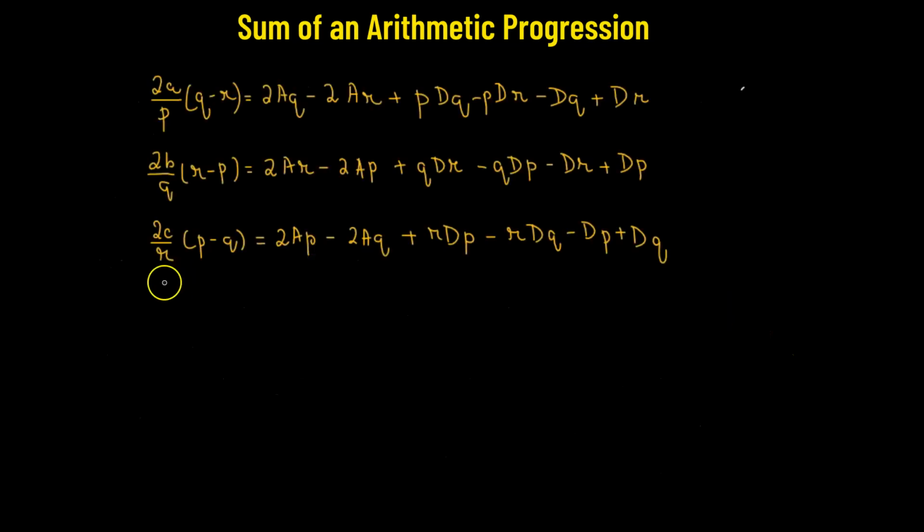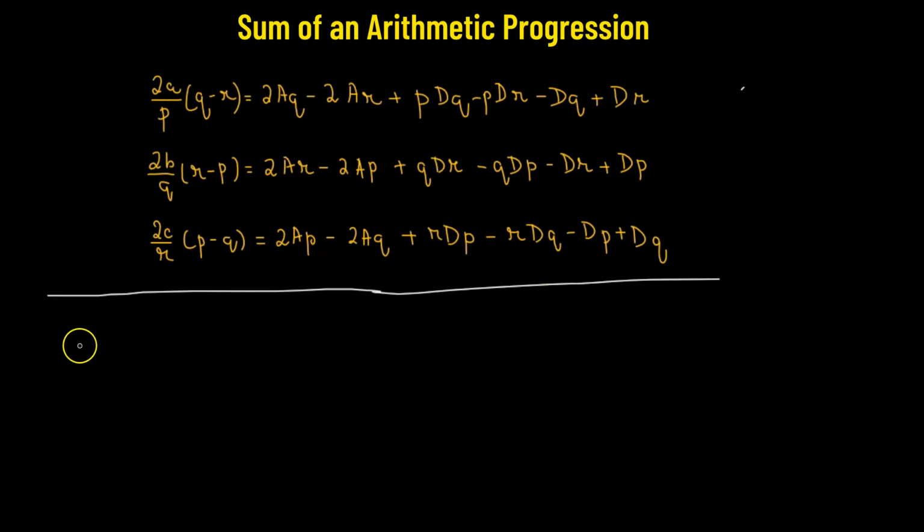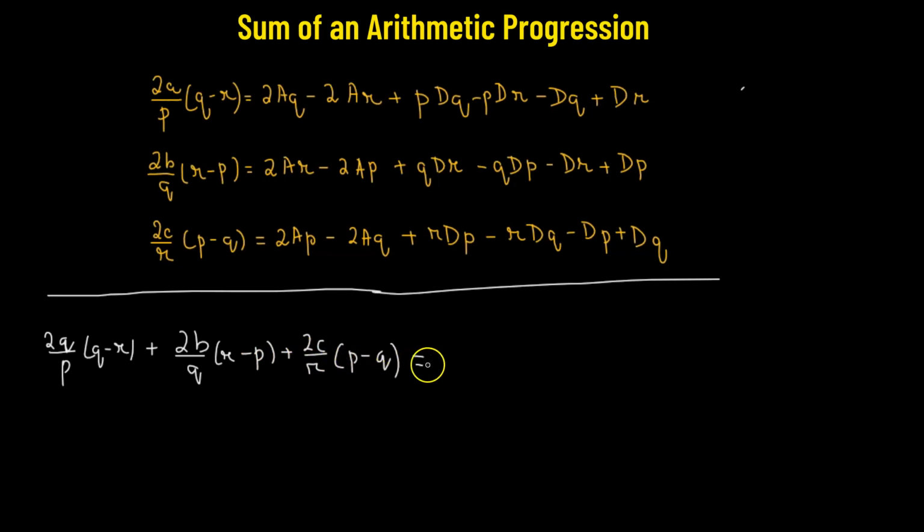Let's do that. On the left hand side we have 2a over p multiplied by q minus r plus 2b divided by q multiplied by r minus p plus 2c over r multiplied by p minus q. Now we will see that a couple of terms will get cancelled out on the right hand side.